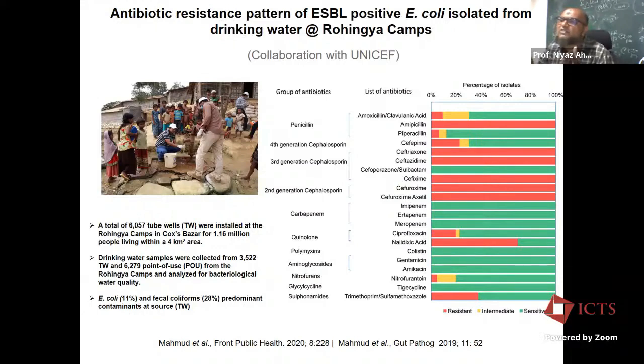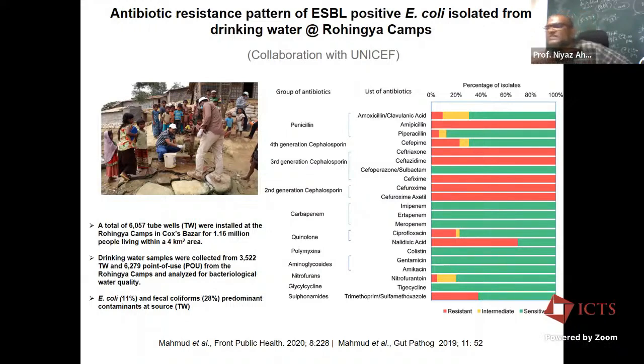When we took samples from the hand pump water, we found rampant E. coli and fecal coliforms there. And at the point of use also, in the household where they store the water, a replete number of E. coli and fecal coliforms were isolated. And not only were they simple fecal coliforms, they were multi-drug resistant superbugs.